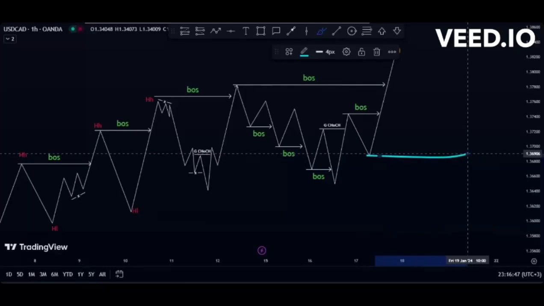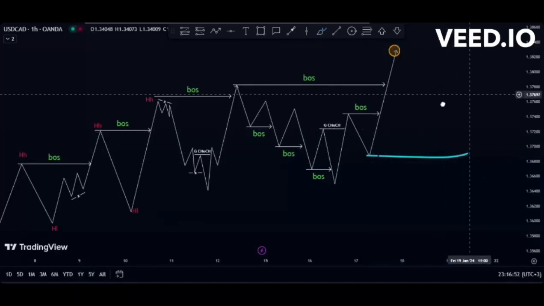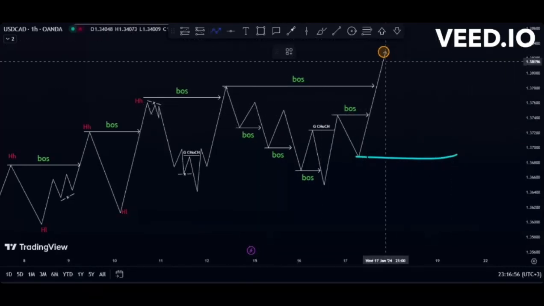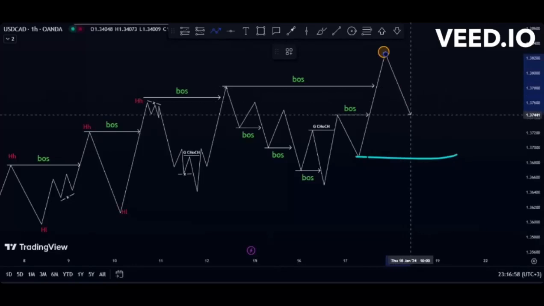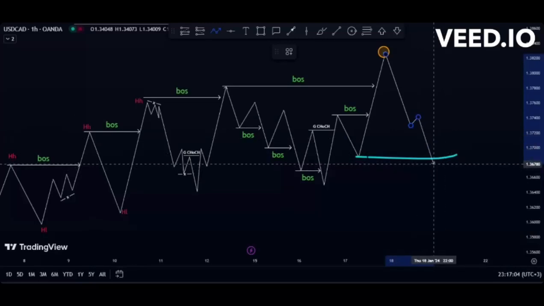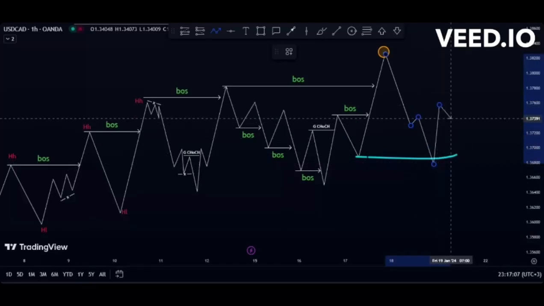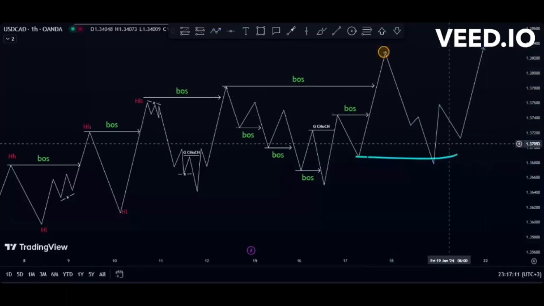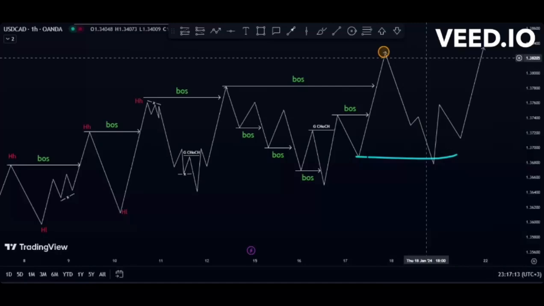So we are expecting price, as it does what you call a retracement, as it retraces back, it now comes to clear this liquidity. Then it gives us a confirmation for us to continue to the upside. And we will be trading in line with the market structure.